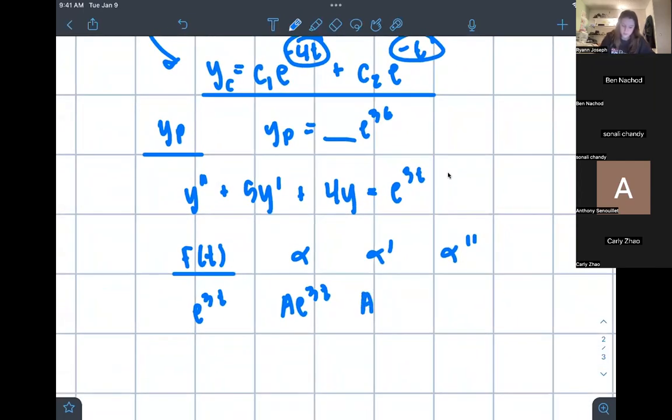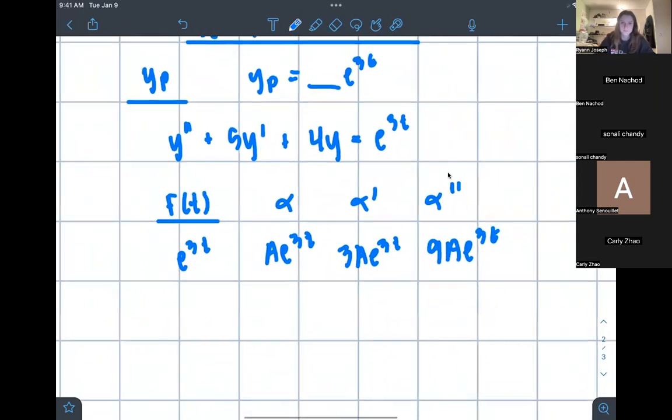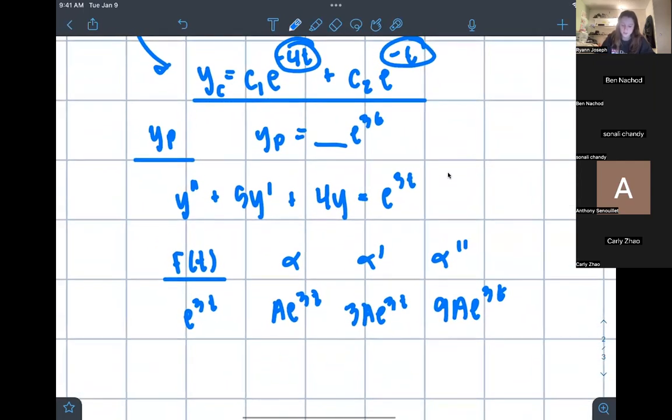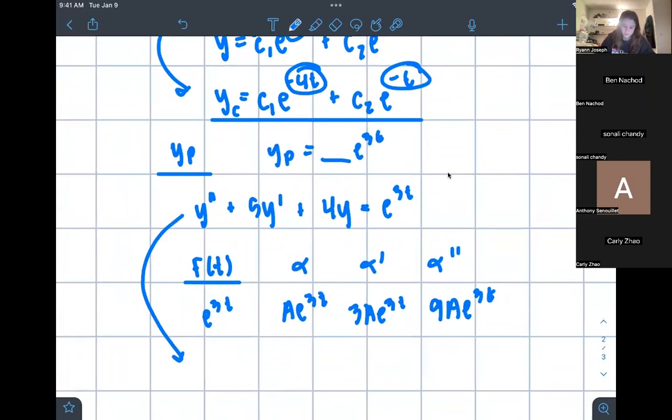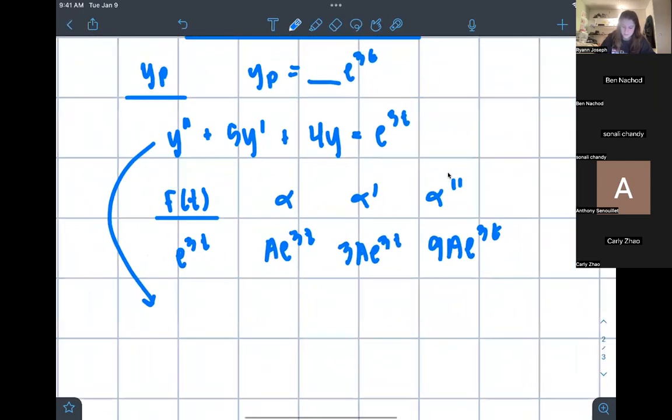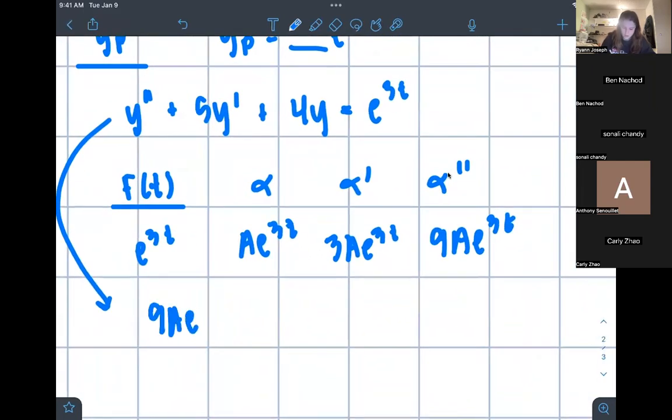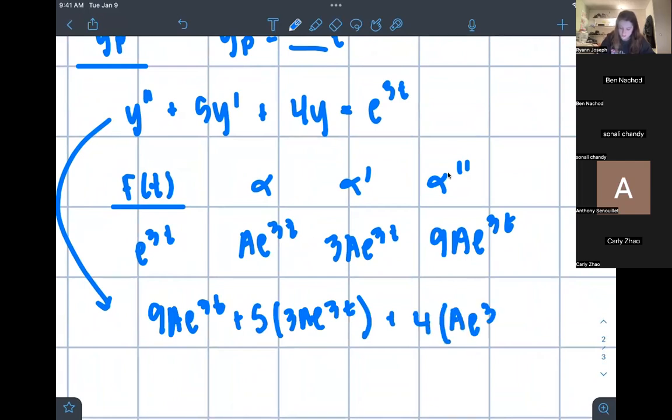Then taking the derivative, then the second derivative, e^(3t). I'm going to plug this into our equation. So 9A e^(3t) plus 5 times 3A e^(3t) plus 4A e^(3t) equals e^(3t).